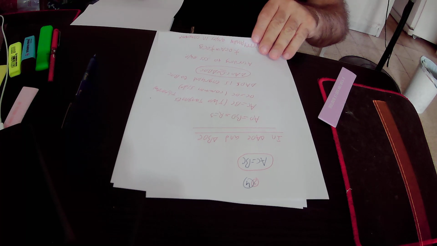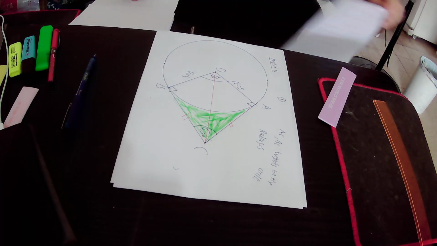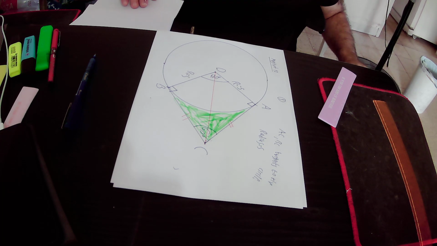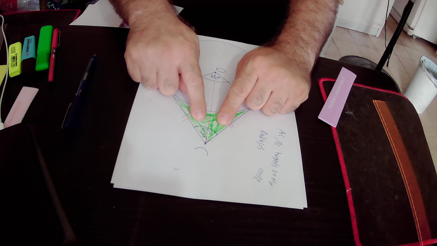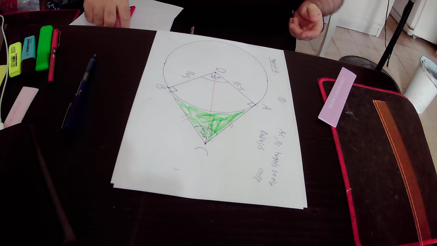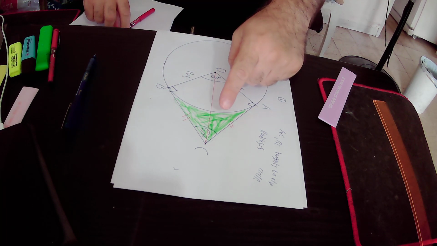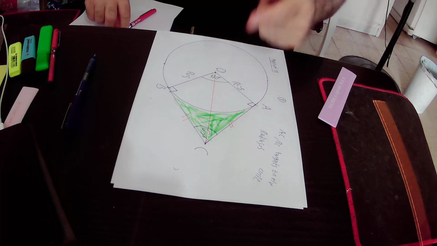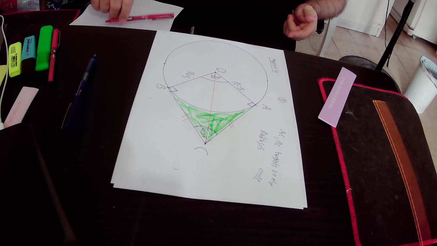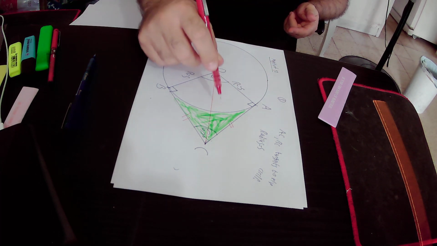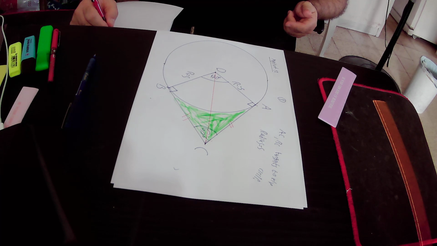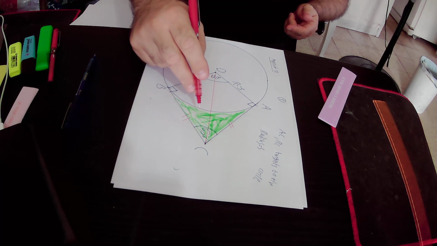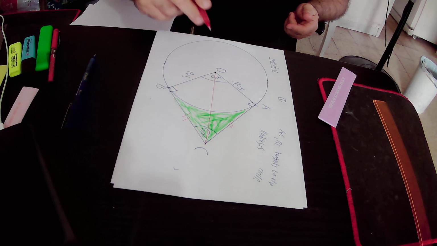So those two angles are equal to each other. If we define angle OCA as x, then angle OCB will also equal x.